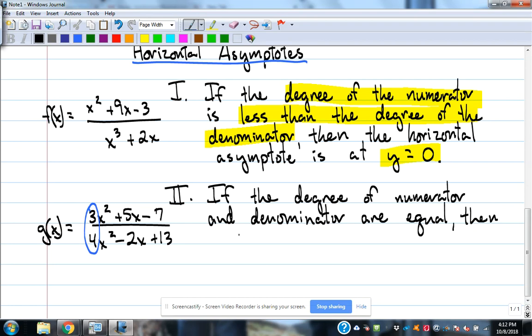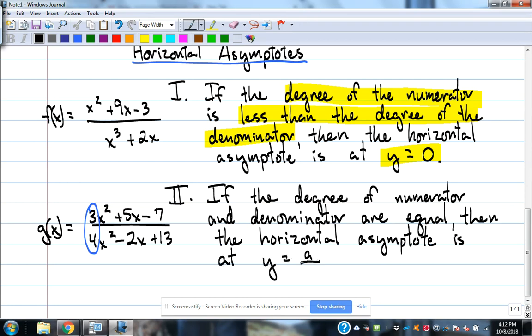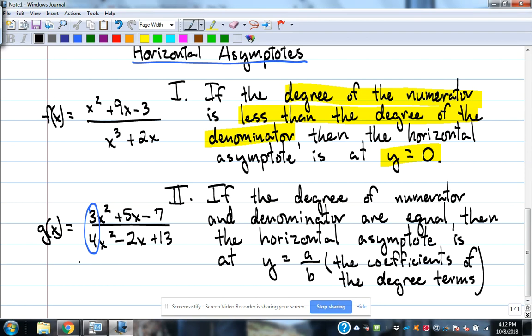So for this one, the horizontal asymptote is at y equals a over b, and that's the ratio of the coefficients of the highest degree terms. So for this one, we would have a horizontal asymptote at y equals 3/4.